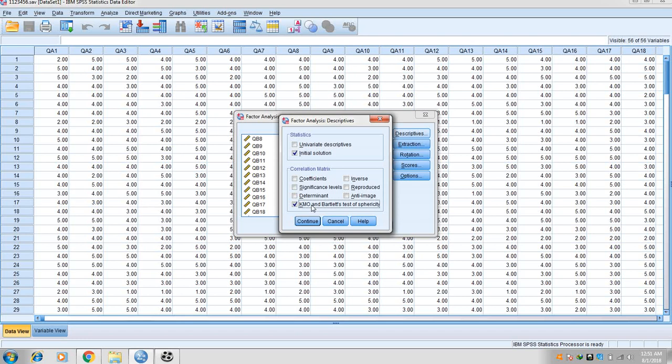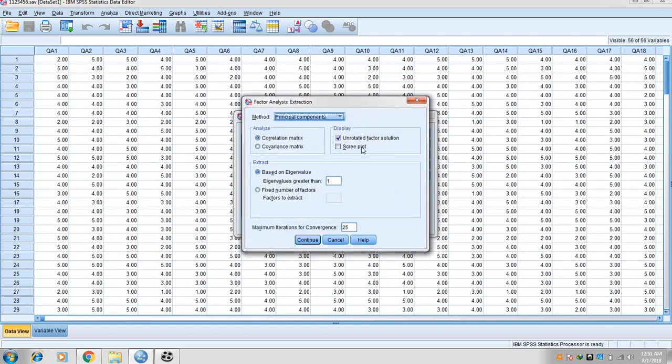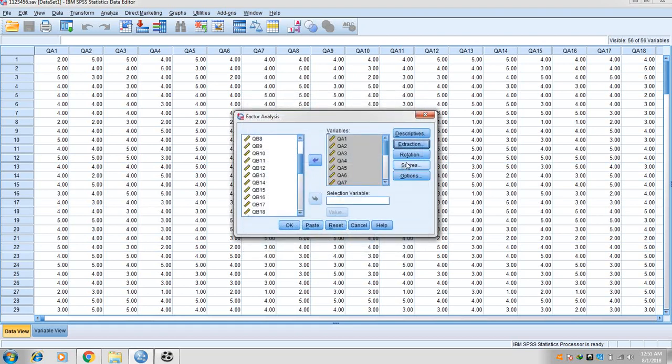The KMO value and Bartlett's test of sphericity will tell you about the sampling adequacy. In Extraction, we are going to check the scree plot, and you see eigenvalues greater than 1 based on eigenvalues, and principal component analysis is suggested. There are other methods given, such as principal axis factoring, but we use principal component analysis. Continue, and no need to go for these three options, just click OK.